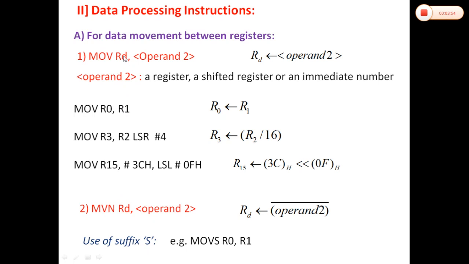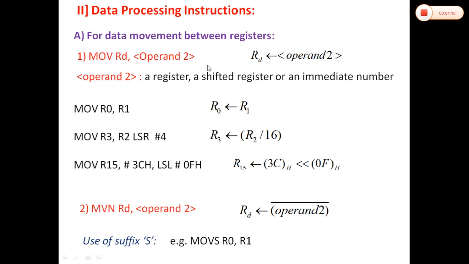Normally, in other microprocessors or microcontrollers, most of the data processing instructions affect the flags by default. But in ARM, even though it is a data processing instruction, it may affect the flags or it may not affect the flags, and that depends upon the presence of suffix S in the instruction.